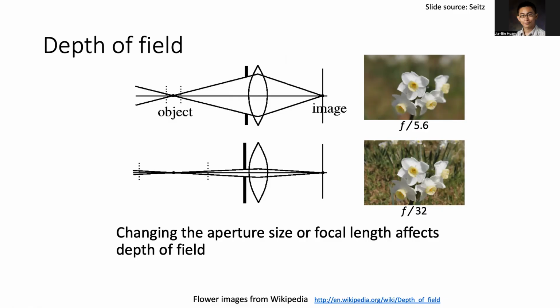To control the trade-off, you can also bring back the idea of a pinhole camera where you have an aperture. You can see that now you block out more light, and you have a larger depth of field. Of course, this is a trade-off, because when you reduce your aperture size, you let less light in, right?